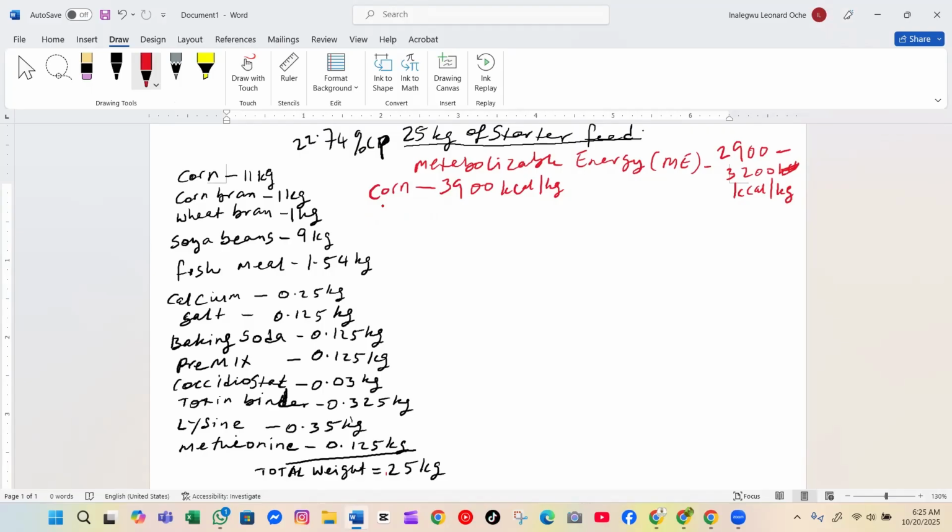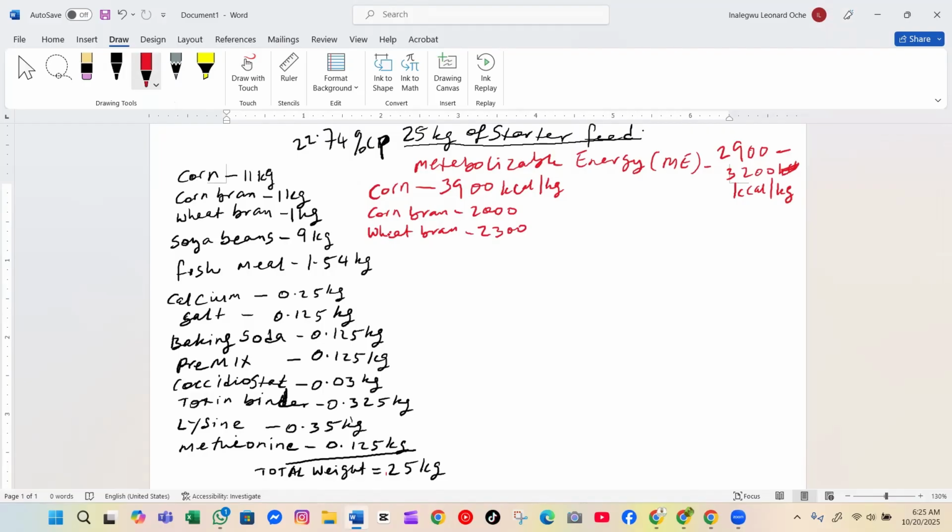Okay, then for corn bran, it has 2,000 kilocalorie per kg. For wheat bran, it has 2,300 kilocalorie per kg.